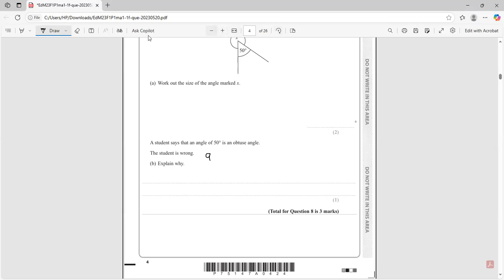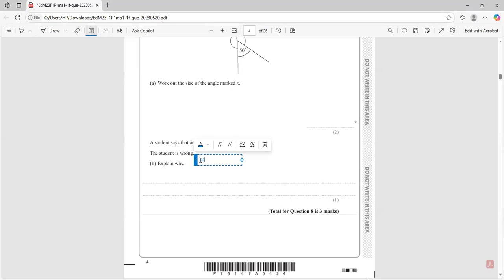So that's the ones we call acute angles, right? Do you remember what acute angles are? Less than 90. Good. So 50 degrees cannot be an obtuse angle because it is an acute angle.